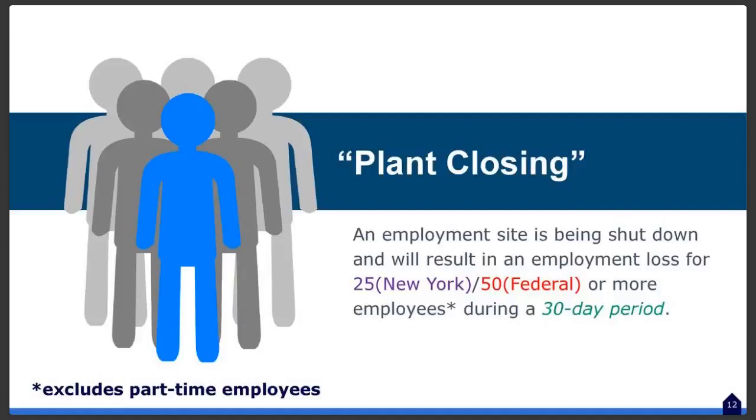A plant closing refers to the situation where an employment site is being shut down. So the facility, or maybe in some cases operating unit or something like that, is being shut down permanently and will result in an employment loss for 25 in New York or 50 under the federal law or more employees during a 30-day period.